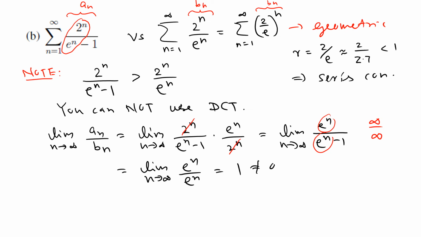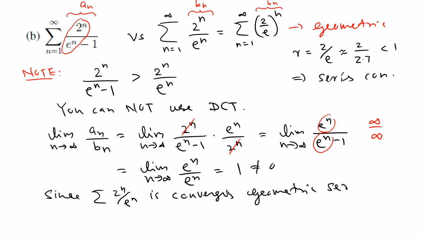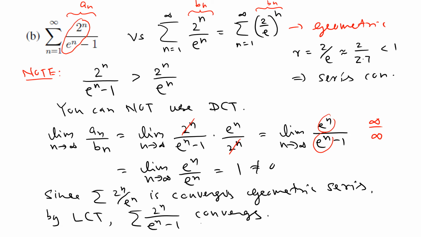But since the series 2^n over e^n is a converging geometric series, by the limit comparison test the original series converges. So this is how we use the limit comparison test for this problem.